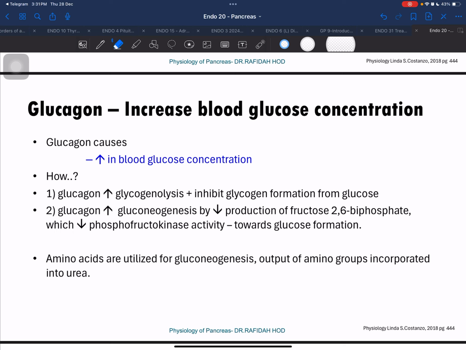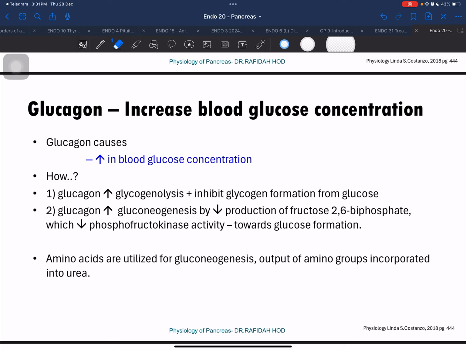First, dia akan increase glycogenolysis, and then at the same time dia inhibit the glycogen formation from glucose lah. So dia akan juga on top of glycogenolysis, dia juga buat gluconeogenesis. So tadi kalau insulin, dia akan increase production of this enzyme, but for glucagon, dia akan reduce production. So dia akan reduce this activity, therefore dia akan go towards glucose formation.